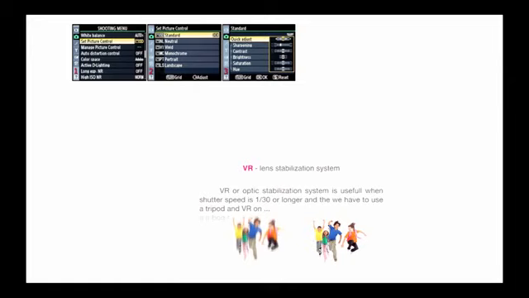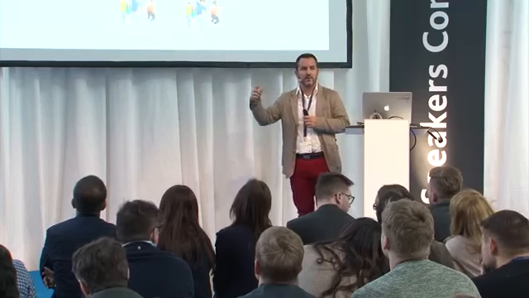Optical stabilization system is required only when you are shooting photography for sports or for kids that are running. But we do dental photography, which is static photography, and we use a very short exposure time. You remember, 1 over 125 means 1 second split into 125 parts.